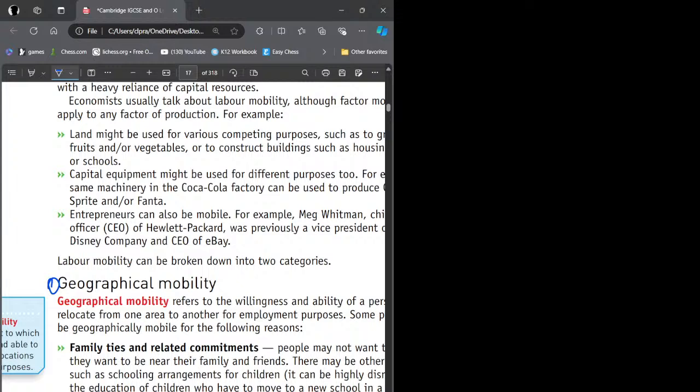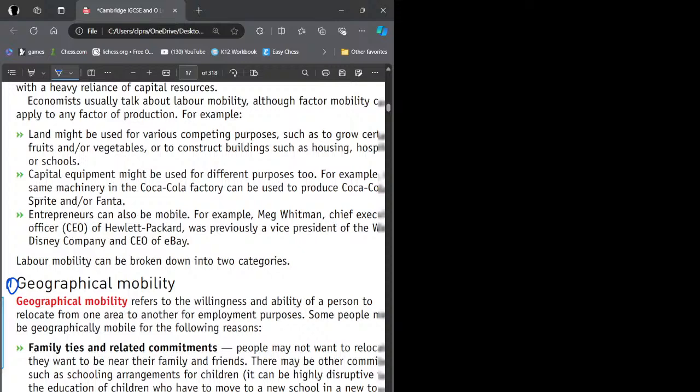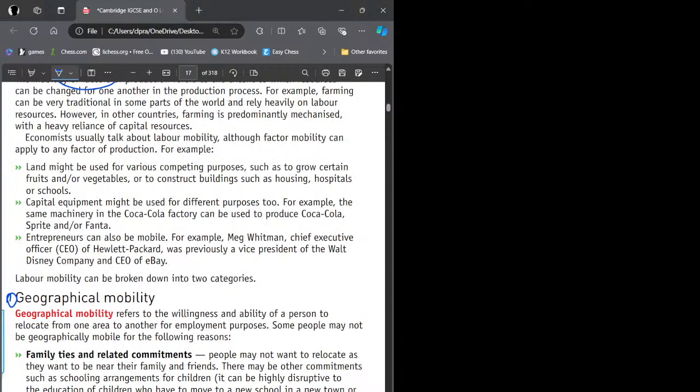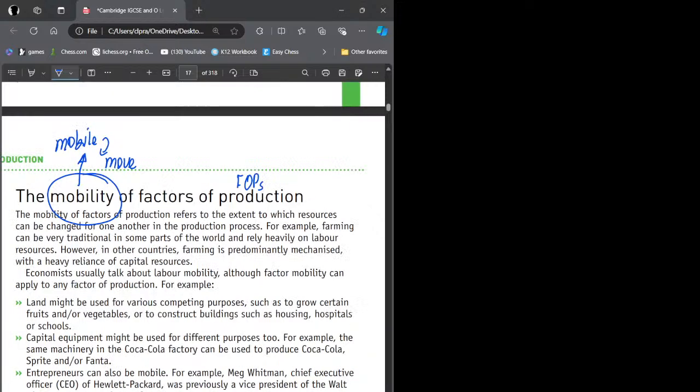So when we are defining geographical mobility, we can just say it refers to the willingness and ability of a person to relocate from one geographical area to another geographical area for employment purposes. Now, please note this, okay?